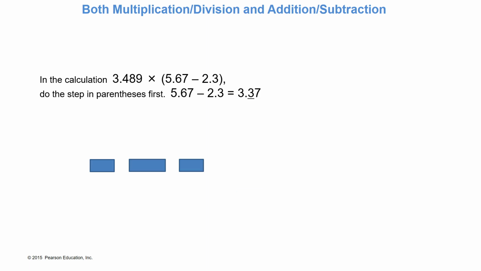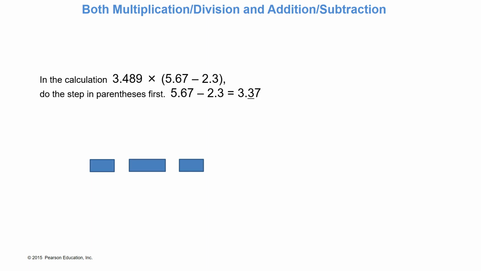But remember the statement I said, don't round in between steps. So what we have to recognize is now this number technically only has 2 sig figs in it because I'm about to multiply. So I'm saying 3.37, but actually I'm not going to round it yet, even though I know in my head it's kind of 3.4.